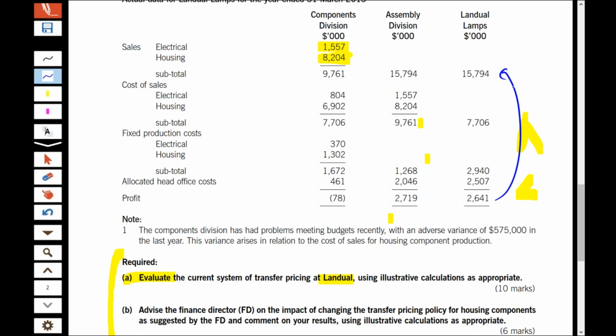What is the profit margin of this whole company, Landwell Lamps? It's 2641 divided by 15794. It's approximately 16%. If I try to establish the cost of sales of this housing, so I'd say 6902 plus 8204.